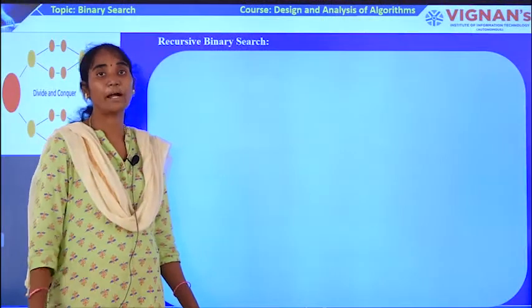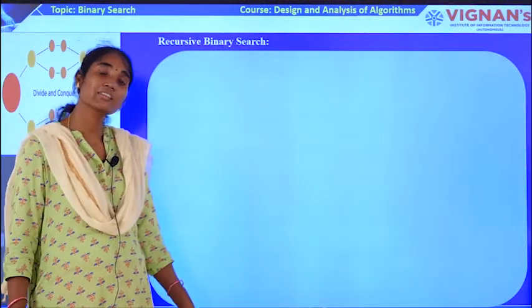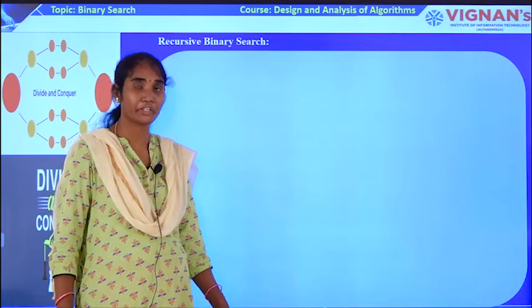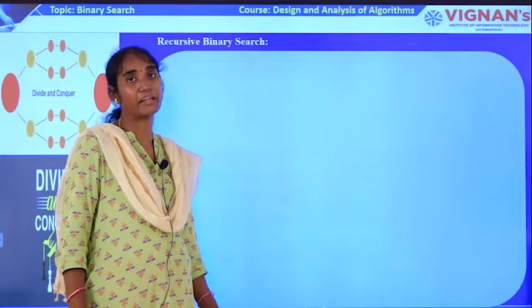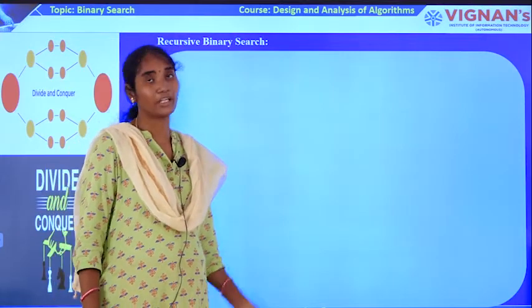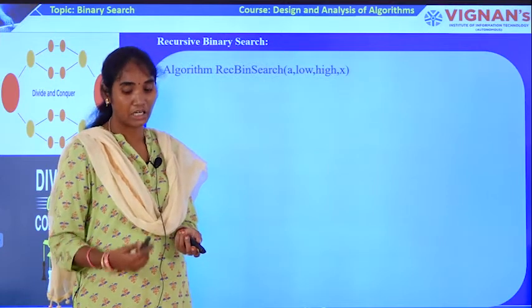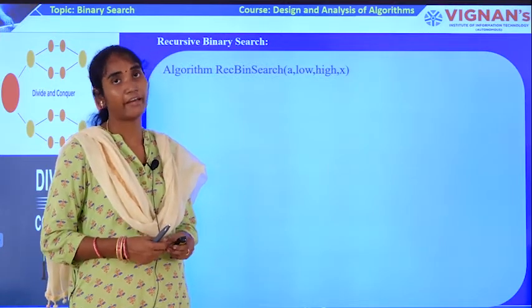Now recursive binary search. Recursion means a function calling itself. Now we will see the implementation or the algorithm of binary search using recursion. For this, the parameters are a, low, high and x.